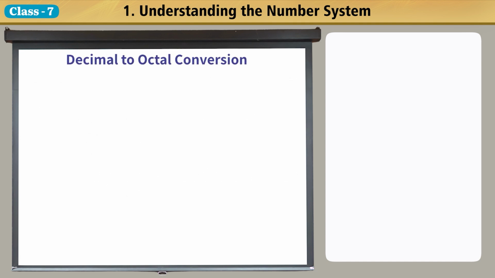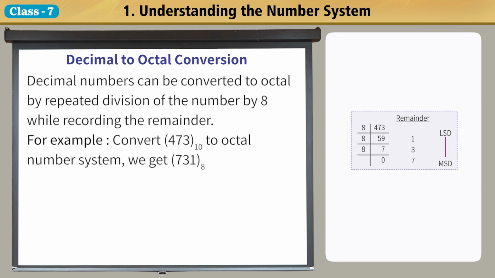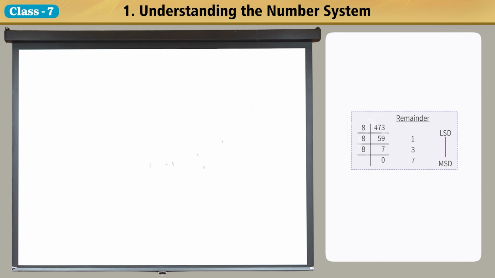Decimal to octal conversion. Decimal numbers can be converted to octal by repeated division of the number by 8 while recording the remainder. For example, convert 473 sub 10 to octal number system, we get 731 sub 8.